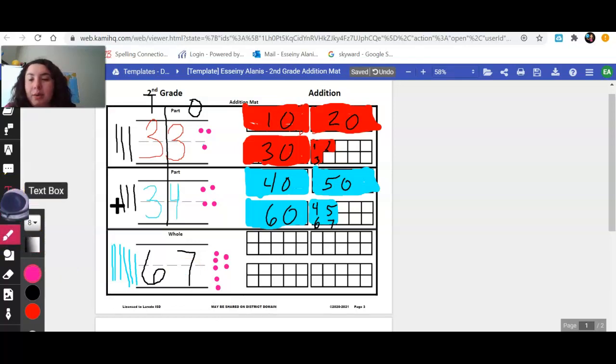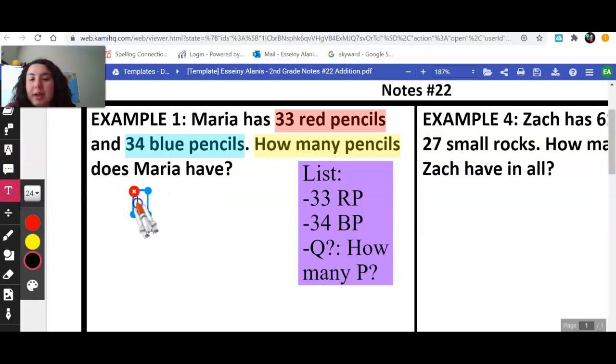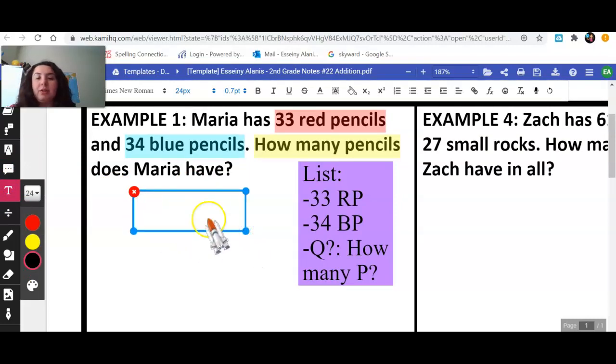So now I can go back to here and I can show that I wrote a number sentence. Remember, we always have to write our number sentence. 33 plus 34 is equal to 67 because we already worked out the problem.